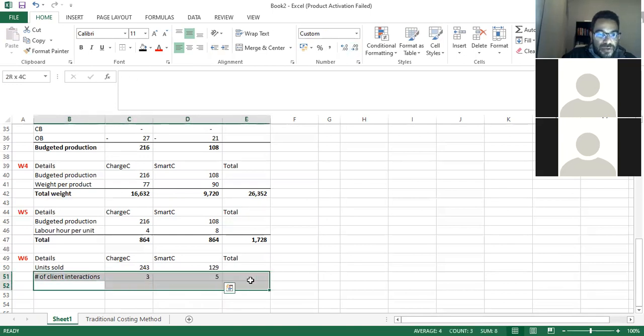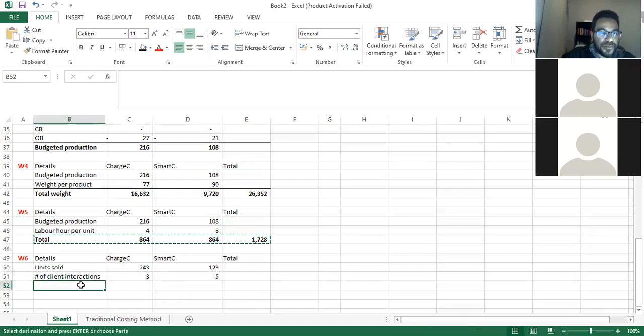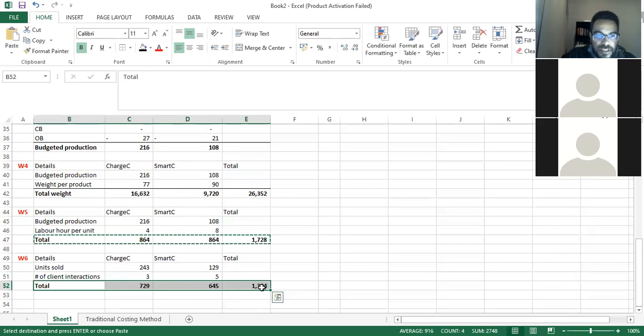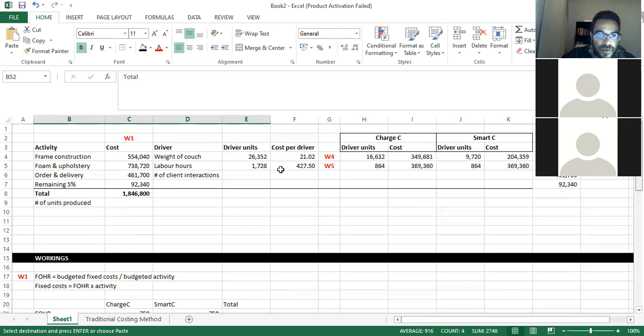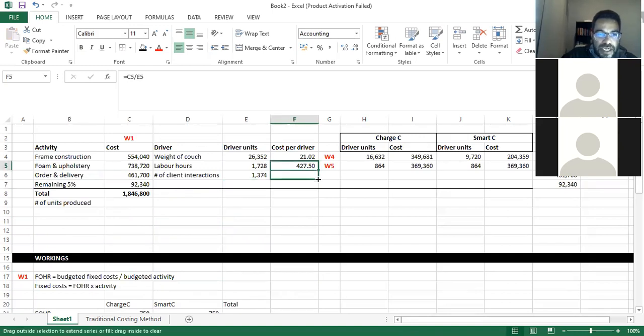So then we get our total. Okay, so now we will get our total. You can just copy that. So this is 52. Okay, so here we go, equal to E52. If I drag this down, it's going to give us a cost per driver.